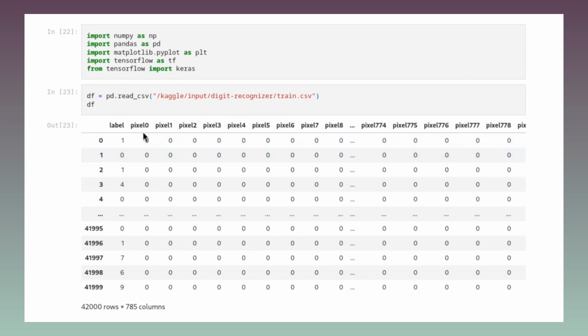But notice that we also have a label in our data set. This label is going to be used for the prediction purpose, so classification purpose, which class a particular image belongs to. So we have different classes, and we are going to classify images, which image belongs to what.